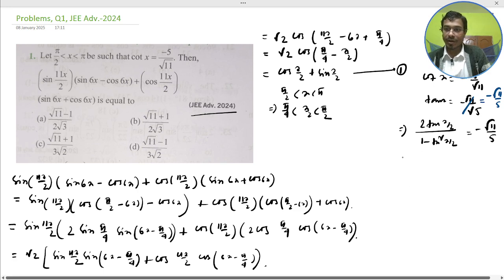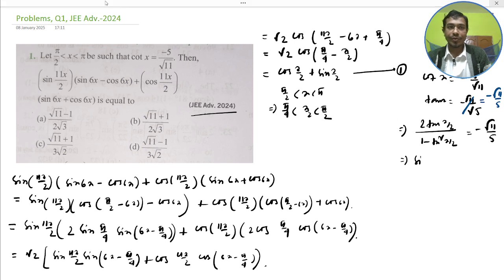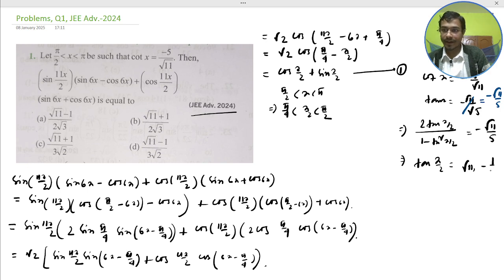So tan x by 2, after solving the quadratic equation, let tan x by 2 be t. So tan x by 2 would become root 11 minus 1 by root 11. Already given that it is greater than 0, so positive, so we should choose the positive value.